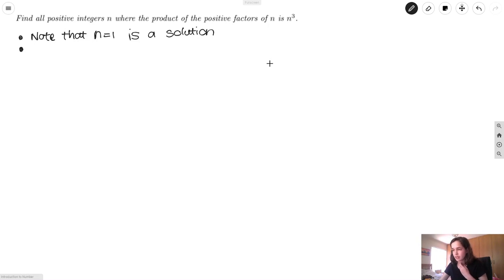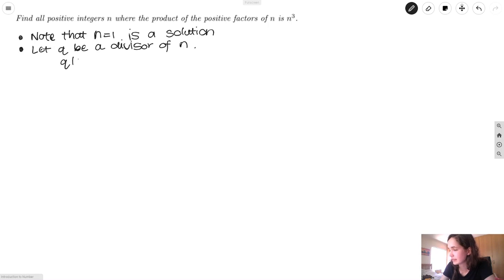Okay, so let's take a divisor q and see what happens. So let q be a divisor of n.